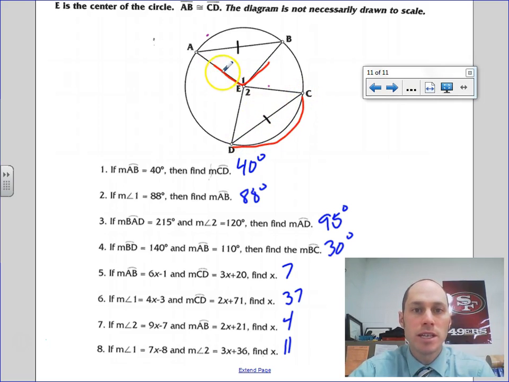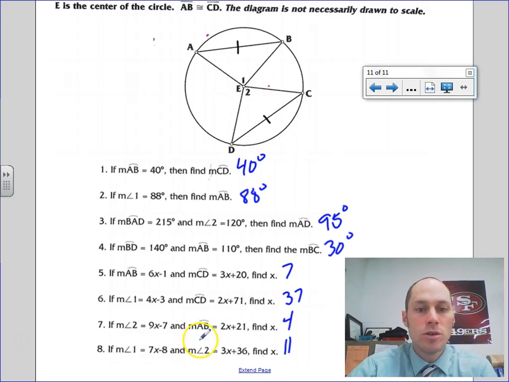Well, I know those are going to be the same because I know arc AB will be the same as arc CD. So I would set 4x minus 3 equal to 2x plus 71 and solve for x. Measure of angle 2 and measure of arc AB, that's just the reverse of the other one. So I know those measures will be congruent, so I set those two equal to each other. 9x minus 7 equals 2x plus 21 and solve for x.